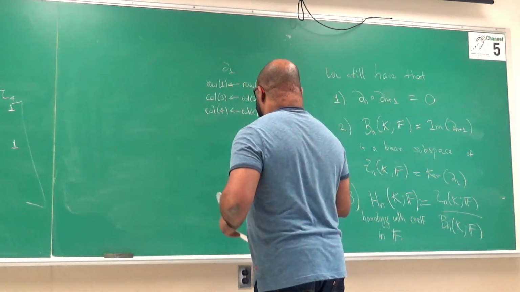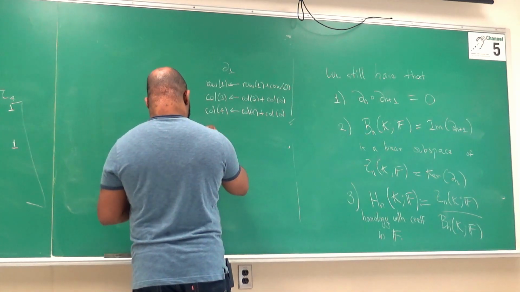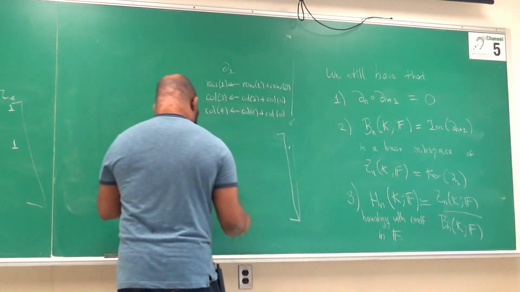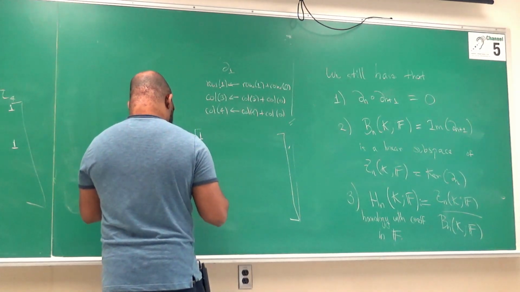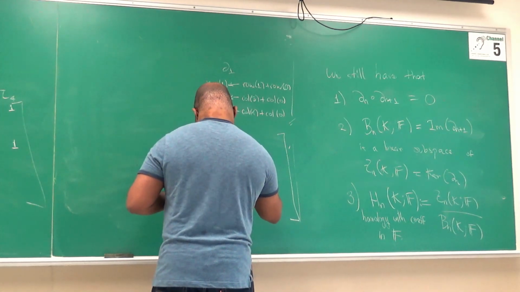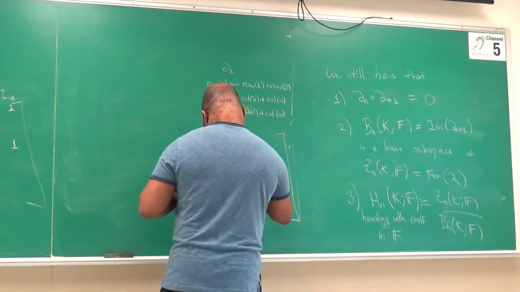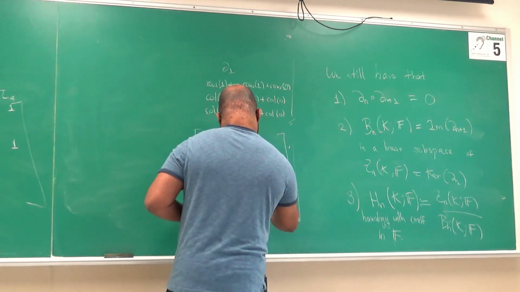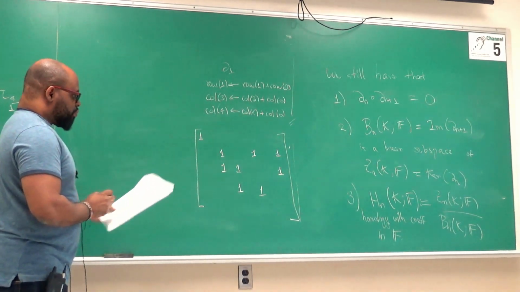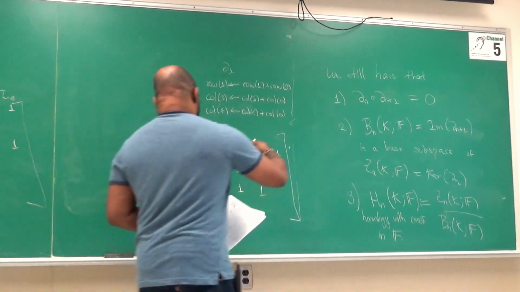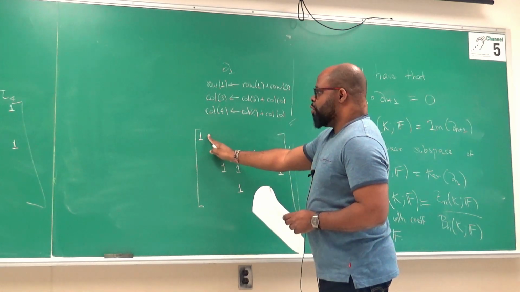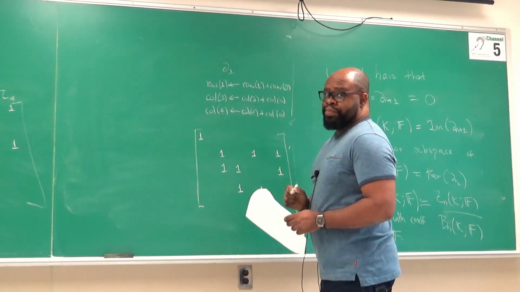So the matrix that I obtain is now going to look like this. I'm going to have a 1 in here, and then 1, 1, 1, 1. I have 1 here, 1, and 1, and 1. So I used this to remove this entry, and then I used these two operations to remove this entry and that entry.